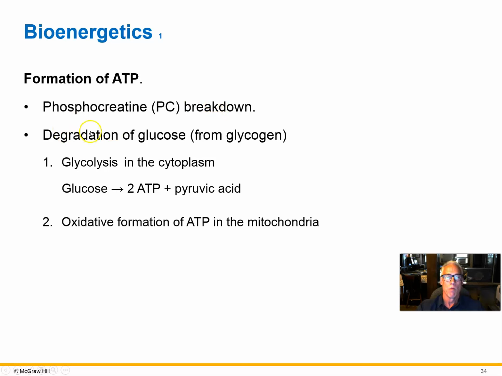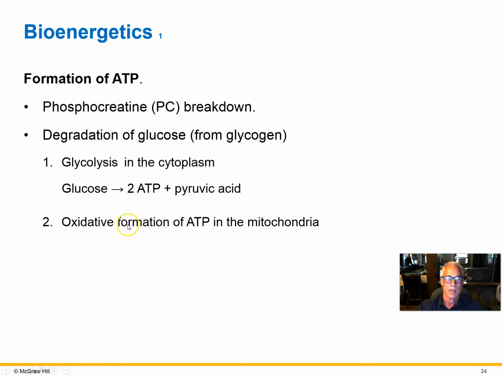Then, if we need more ATP, we get into oxidation of glucose, a 10-step process called glycolysis, which takes place in the cytoplasm. Typically, you have glucose stored in the form of glycogen in the muscle cells. You start hydrolyzing that glycogen, releasing glucose, and then glucose can be oxidized, producing a small number of ATP as well as pyruvic acid.